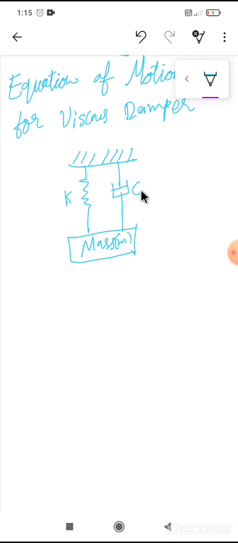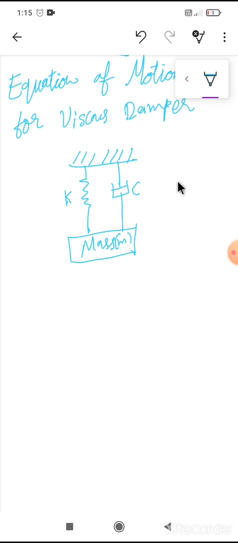So before solving this, we will use Newton's method. We will find the forces acting on the mass, and we will equate them with the inertia force, because according to Newton's law, each and every action has an equal and opposite reaction.